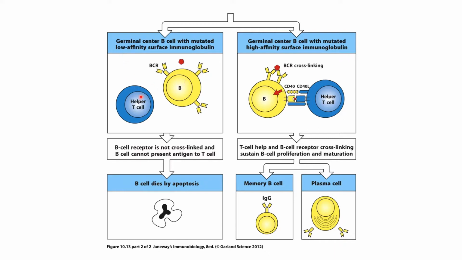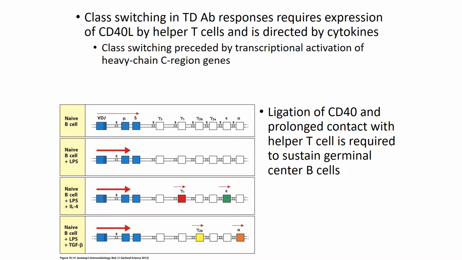If there is no cross-linking, no interaction, as I was talking about, well, that B cell will not be stimulated to stay alive. These things have a short shelf life. They need to interact with the correct helper T cell. No interaction, apoptosis will be triggered. You get the tingible body, which will be removed by macrophages.